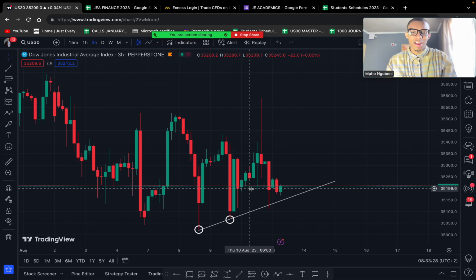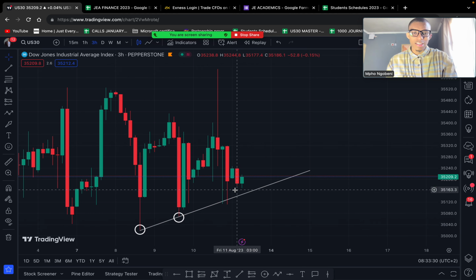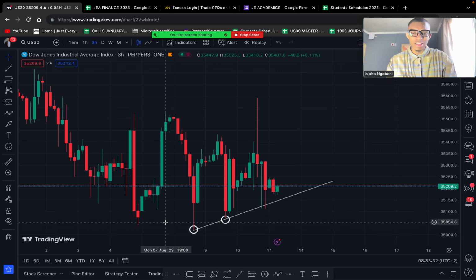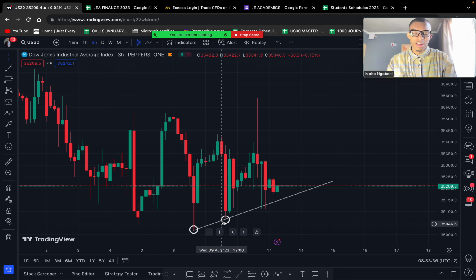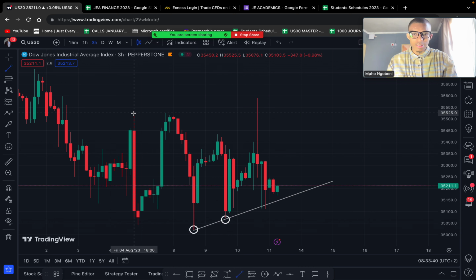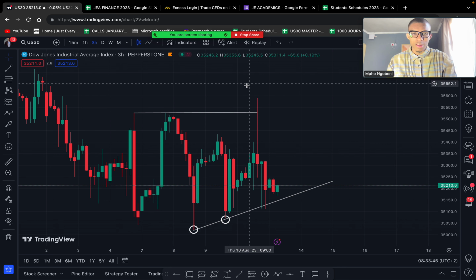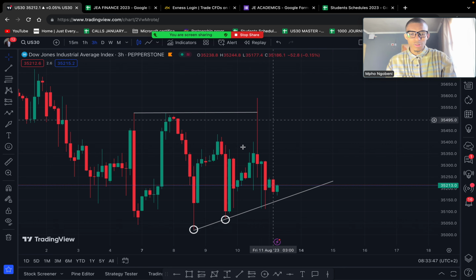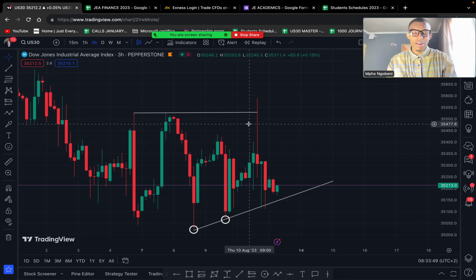And then again, after I'm done with that, I check formations. As I said yesterday, the formation we formed was this one, and we failed to break, and it did go up, and then it did break. As you can see, we had a small break right there. So this is a nice break, a liquidity trap here.